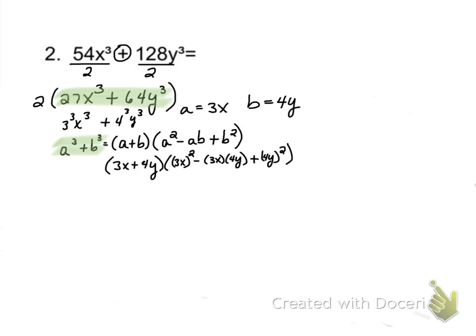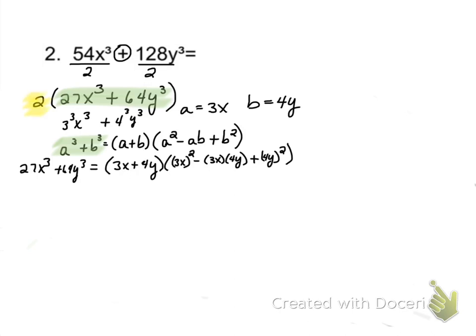And also one thing we can't forget is we had all of this. We're factoring what's in green, but we still have that. So all that gives us is the 27x cubed plus the 64y cubed. We can't forget in our final answer when we write it about this 2 here in front.